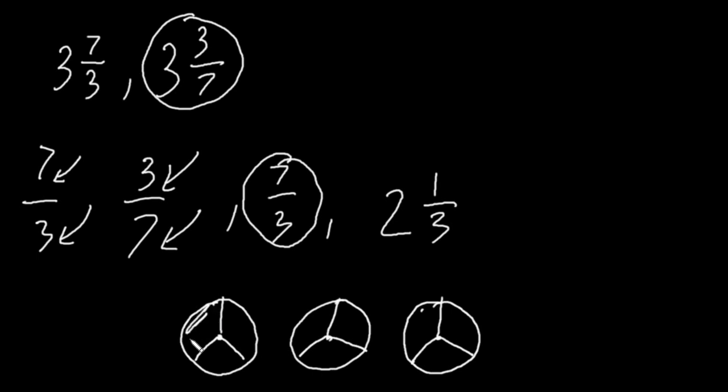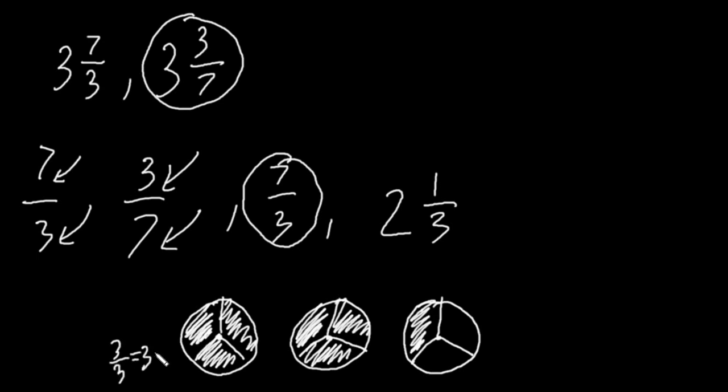So that's 1/3, 2/3, 3/3, 4/3, 5/3, 6/3, and here we have my 7th third. So we can see here we have all three of our thirds. We have 3/3. 3/3 is 3 over 3, and that's the same as 3 divided by 3, which equals 1, right?